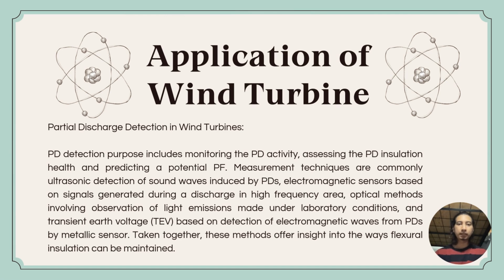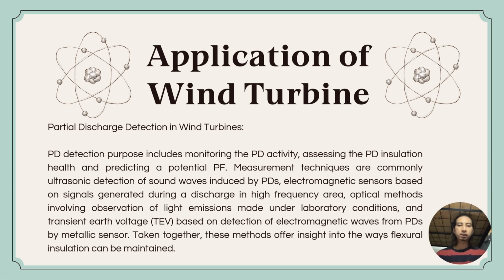Next, the third application of wind turbines is partial discharge detection in wind turbines. Partial discharge detection purposes include monitoring the partial discharge activity, assessing the insulation health, and predicting a potential PD failure.